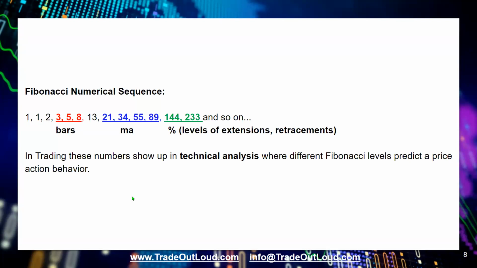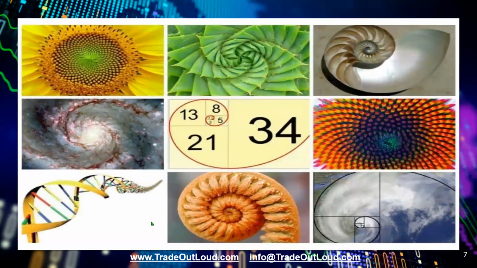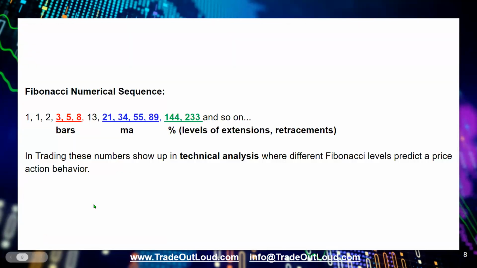So basically, the Fibonacci sequence is not only present in hurricanes, in flower petals, in seashell spirals, and anything else, even in the DNA, right? So you guys know that already.